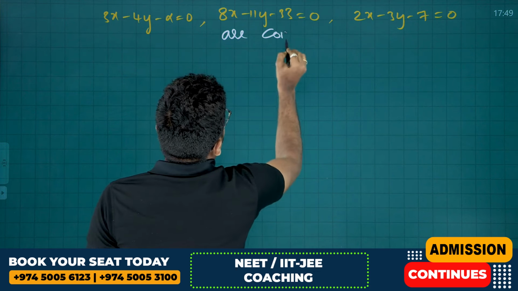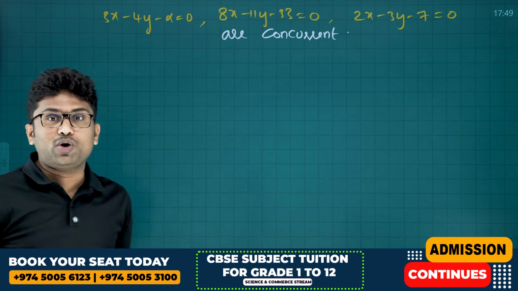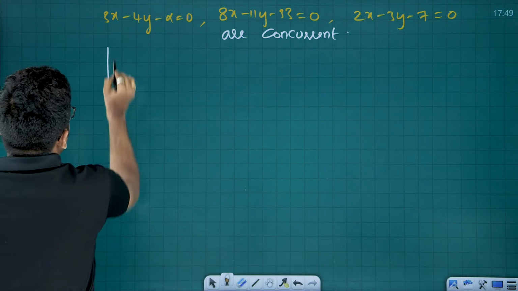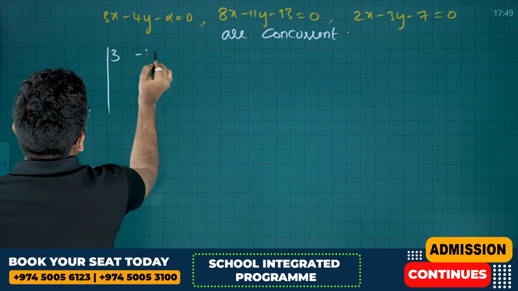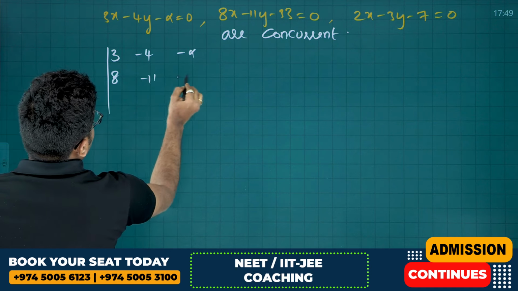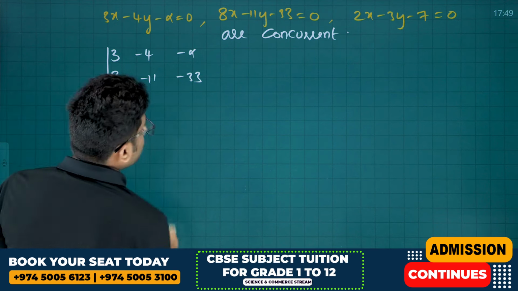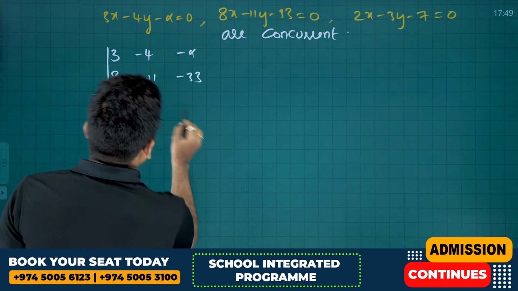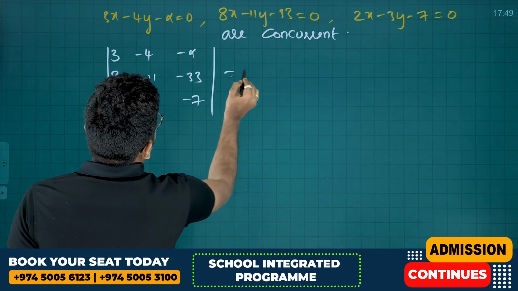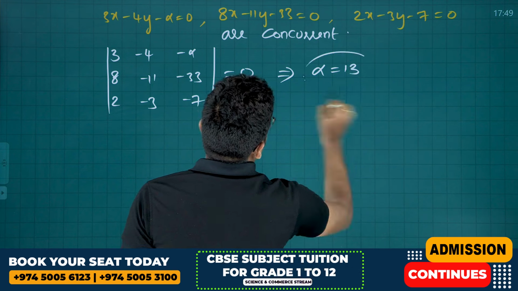Since these three are concurrent, they pass through the same point of intersection. So the determinant of them should be equal to 0: rows (3, minus 4, minus alpha), (8, minus 11, minus 33), and (2, minus 3, minus 7) equals 0. If you expand the determinant, we get alpha equals 13, friends.